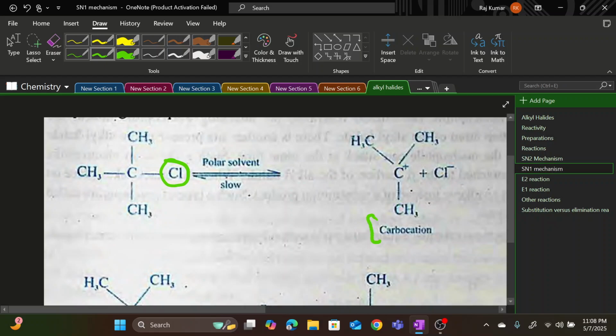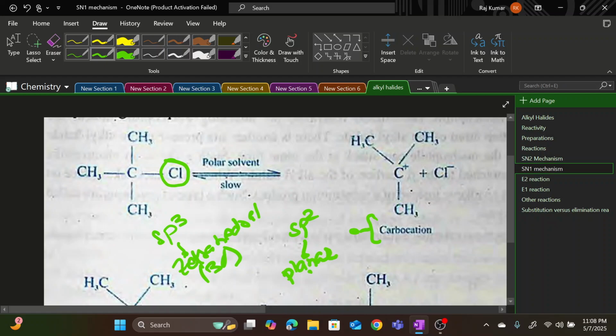Now the alkyl halide over here was in sp3 hybridized form, but the carbocation is in sp2 hybridized form. It is tetrahedral, a 3D structure, and this one is a planar structure, trigonal planar, which is a 2D structure.